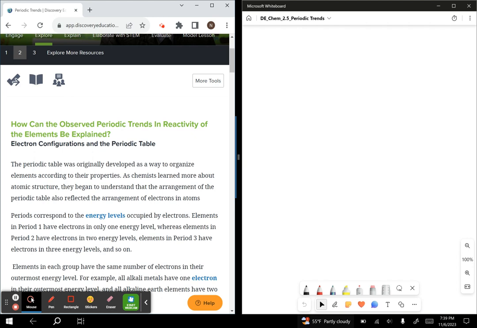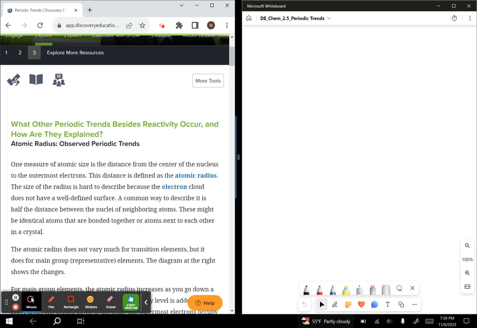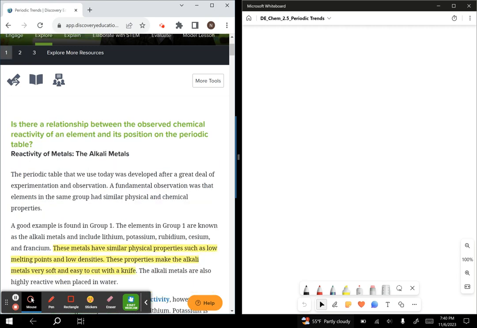So it's going to go into some detail after explaining some general trends. And if we look at Explore 3, what other periodic trends besides reactivity occur and how are they explained? All right, so we'll look at some other trends in Explore 3. Well, let's go ahead and take a look at the reactivity trends here.